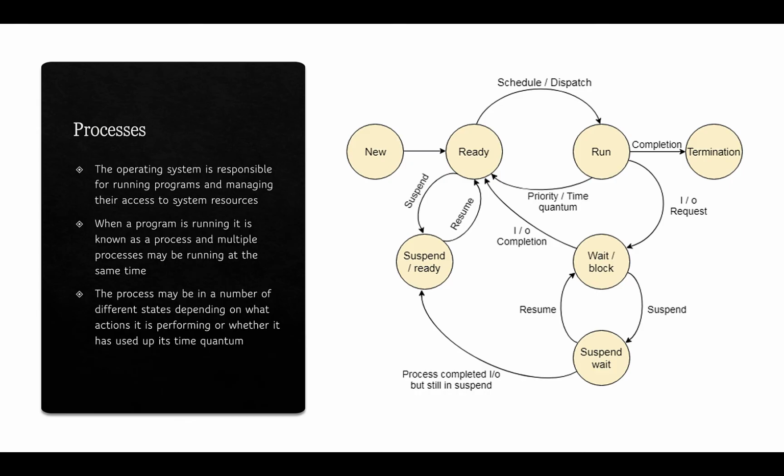The process itself may be in a number of different states depending on what actions it's performing and whether it has used up an allocated amount of time. So on the right here we have a diagram which illustrates the different process states. We start off with a new process that enters the ready state. That means that the program or process is ready to run. The operating system will schedule or dispatch it to run, and then it runs for a period of time.